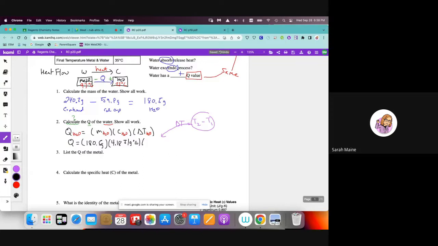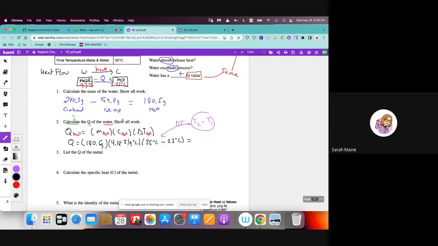The final temperature was 35 degrees Celsius minus the temperature it started at, which was 23 degrees Celsius. Those are listed in the data table up above. Now it's pretty simple math in your calculator: 180.5 times 4.18 times, open parentheses, 35 minus 23, close parentheses, hit your equal button.